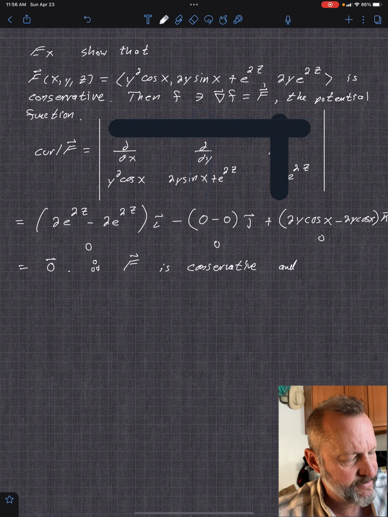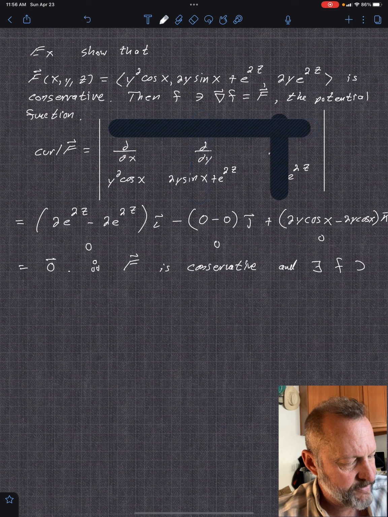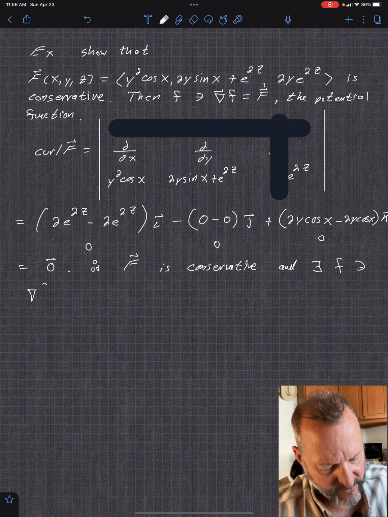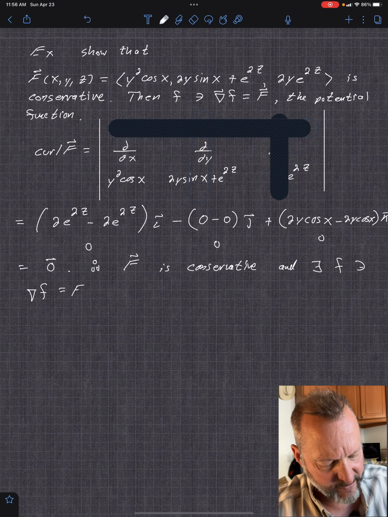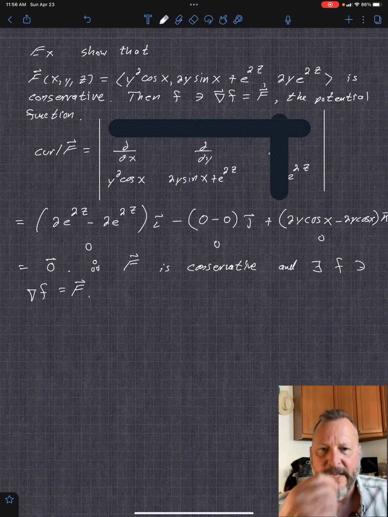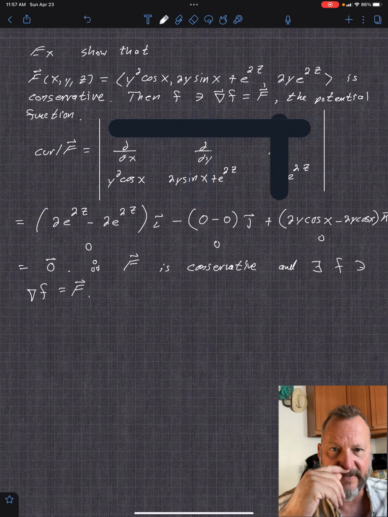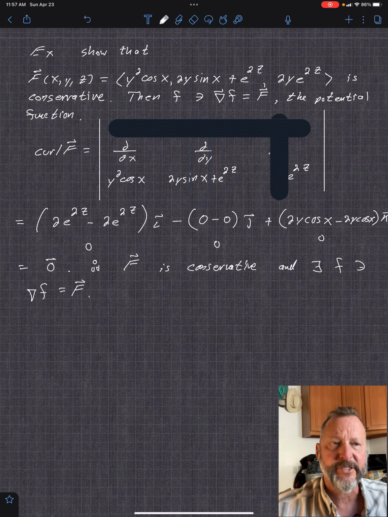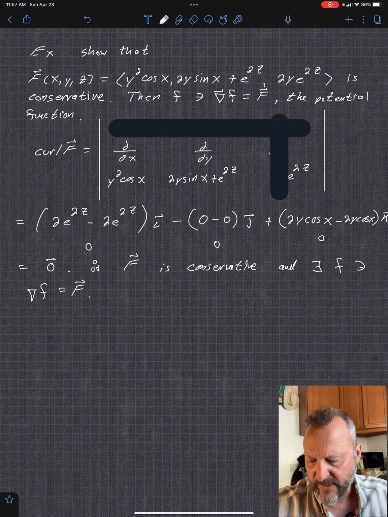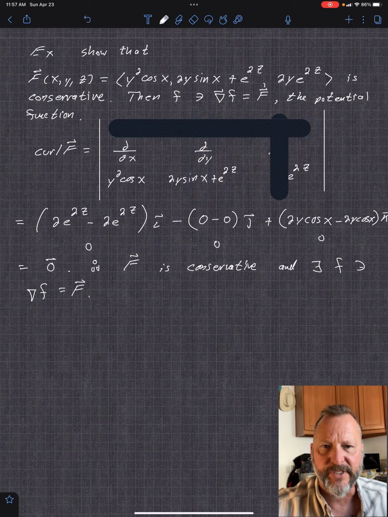and there exists f such that the gradient of f is equal to capital F. So this is basically trying to find a function whose derivative is capital F. Well, that's like differential equations. You're integrating to go backwards. And so I have a process to do this. The way I show this is usually a little different than the book.